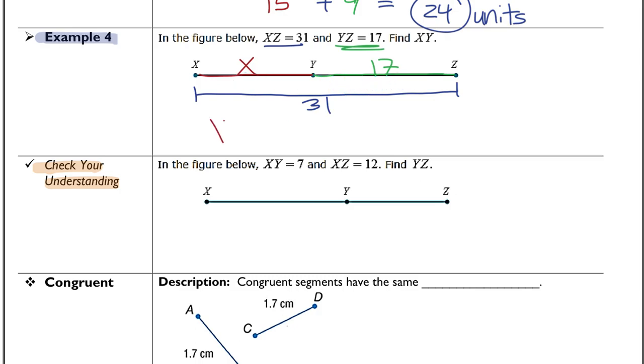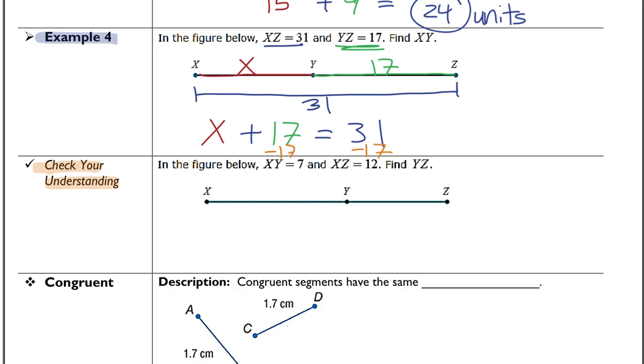So the idea is x plus this 17 is in fact equal to this 31. Now, what plus 17 is 31? Well, we can solve this if you know your Algebra 1 skills by just subtracting 17 from both sides of this equation. So again, how do you do that? Well, remember you just do minus 17 and minus 17 to balance the equation.